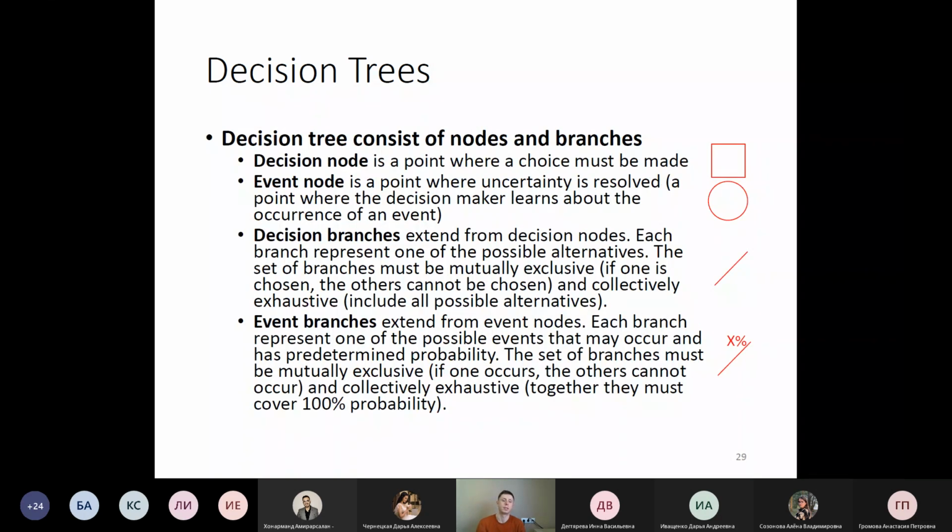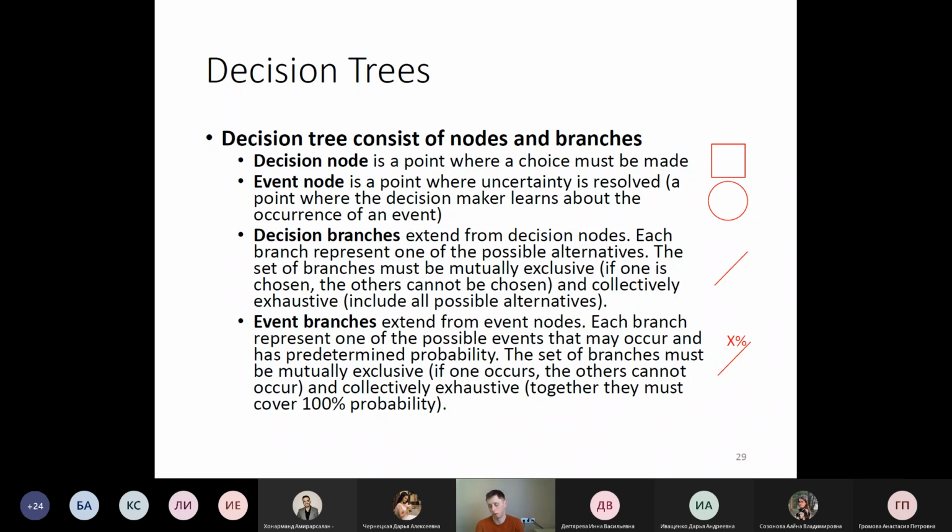Decision trees consist of four main components: decision node, the point where we make a decision, and event node, the point of uncertainty. After a decision node, we have decision branches.